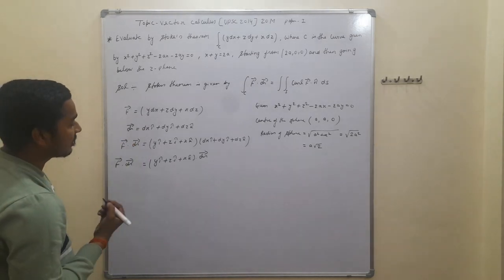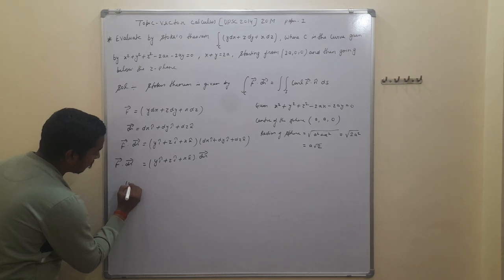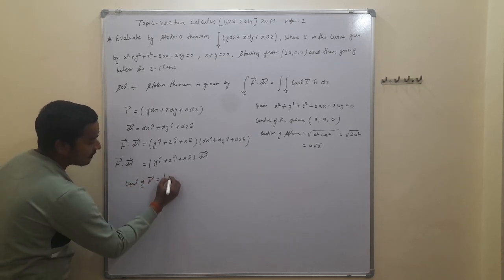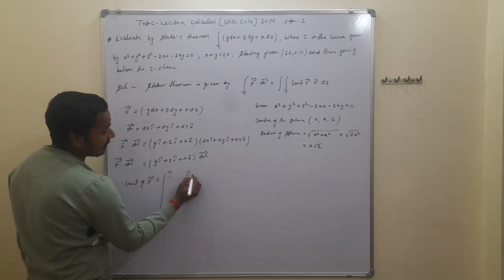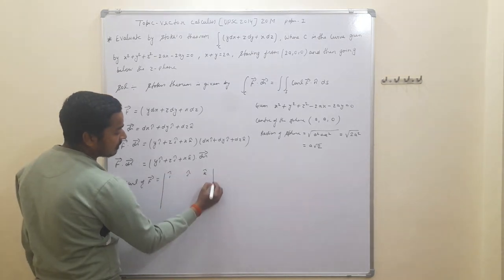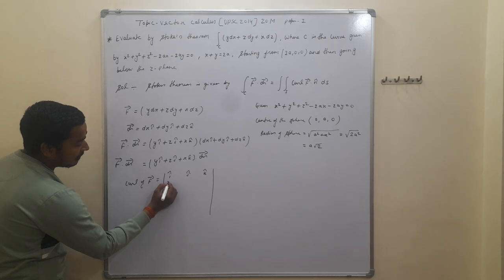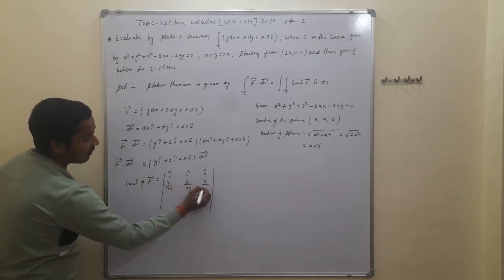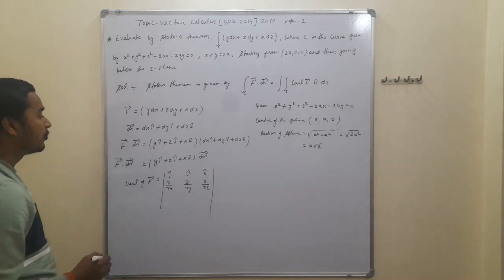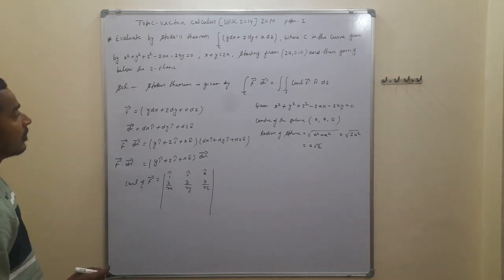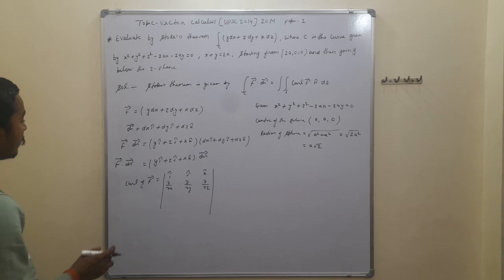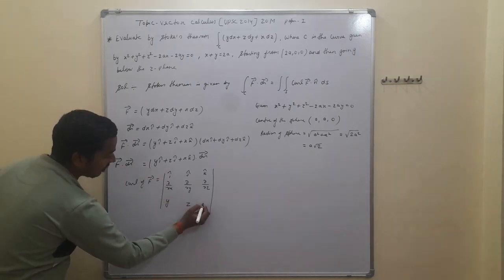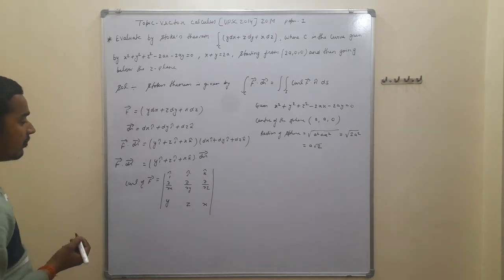Curl of f is given by the determinant with i cap, j cap, k cap in the first row, del/del x, del/del y, del/del z in the second row, and we put f, which is y, z, and x, in the third row.